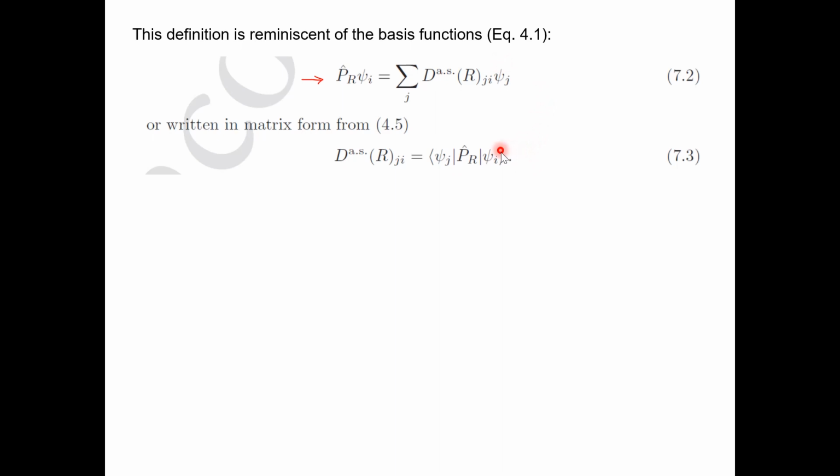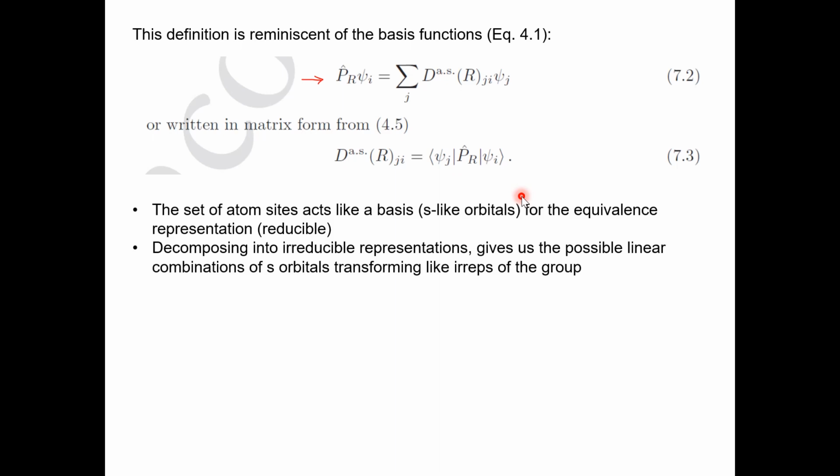You just imagine psi i and psi j having the shape of an s orbital, for instance, and you have precisely this correspondence. All right, so that's what I have just said. These atoms act like an s-like orbital basis.